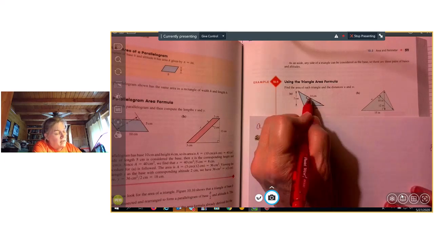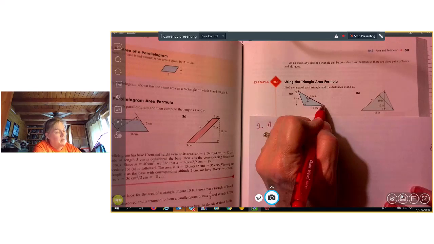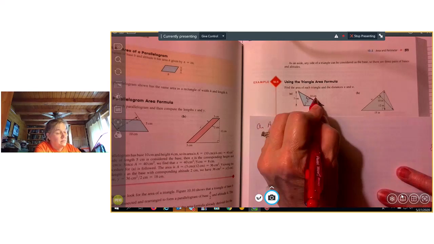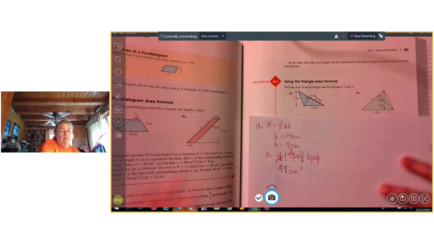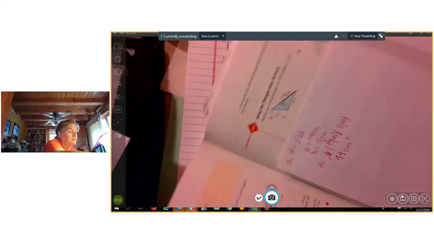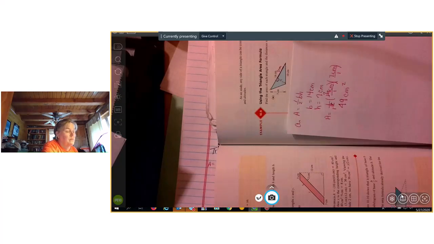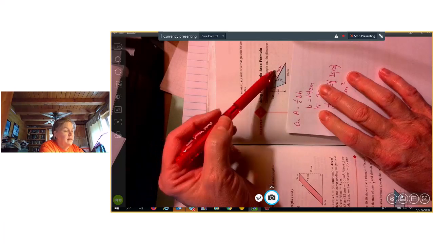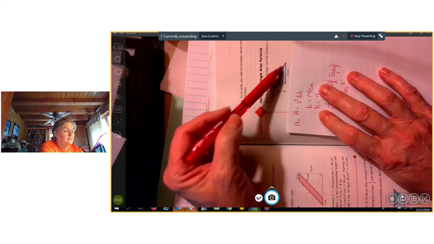So I know that now this side over here is actually going to be 7 centimeters. And if you were to take this, and I'm going to try to turn my page like this, then this makes its height here.